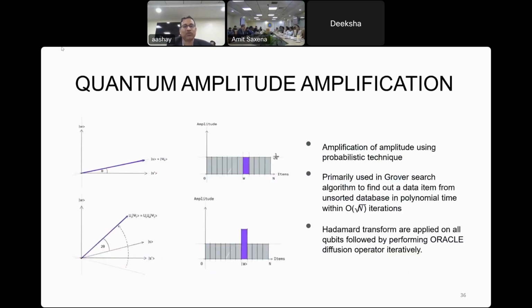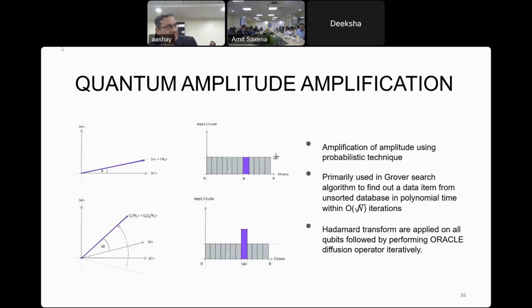There is also a geometric interpretation of this, which you will find in Grover's paper, published around 1996. It is Grover's phenomenal paper, and you should read it. I push this paper to my students in class. You see there are two states, S dash and S. S is the state vector of the state which has been marked yes by the oracle, and S dash contains all the other states.